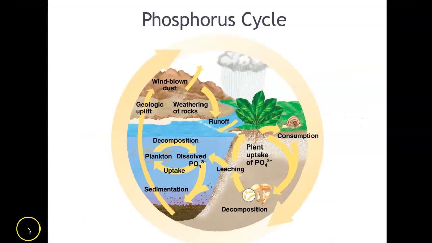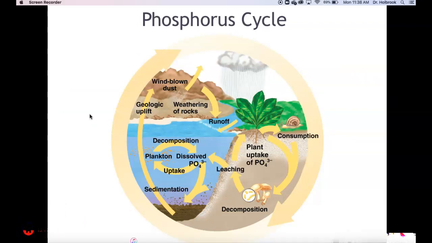Right, the phosphorus cycle. The biological importance of phosphorus is that it is needed to make nucleic acids. So DNA and RNA have phosphorus, remember. Phospholipids have phosphorus, and ATP has phosphorus. It is available through sedimentary rocks, marine sedimentary rocks is really where you're going to find the largest accumulation of phosphorus.